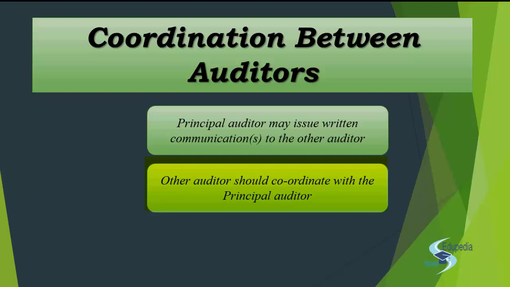And he thinks that okay, this would be better dealt with if we would look at it from the entity's point of view, from the entire overall entity level, then he would have to coordinate with the principal auditor and say that look, this is a transaction that has taken place between both of us, and you will be the better person to go into the details of this because the authorization, initiation, everything was done from the main entity. So if something like that comes, then he has to coordinate, he has to properly communicate within time.